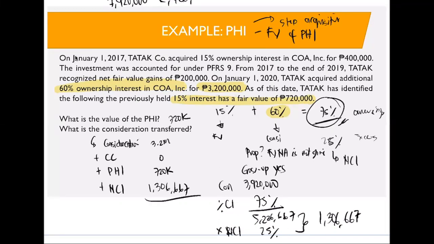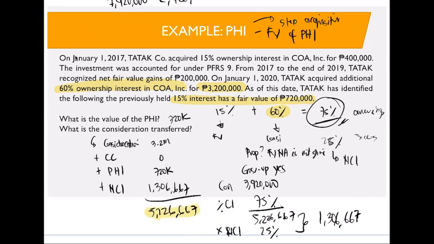So this is 1,306,667. How much is the total consideration? 3.2 million plus 720,000 and 1,306,667. So this will give us 5,226,667. Okay?